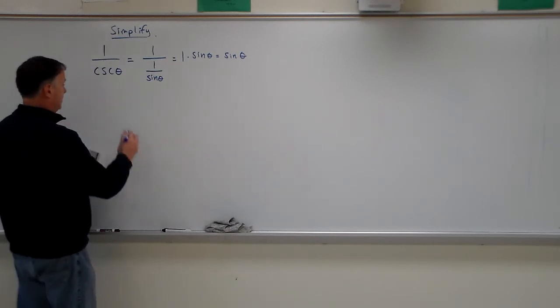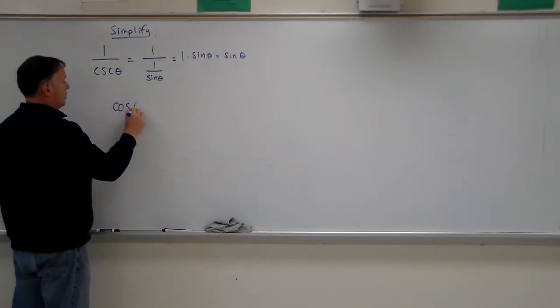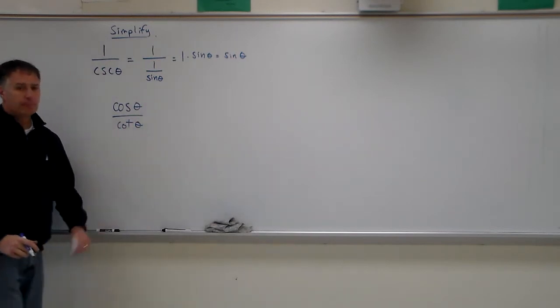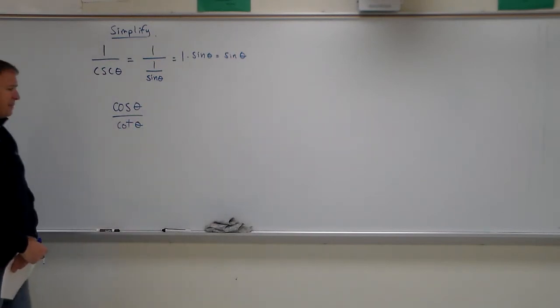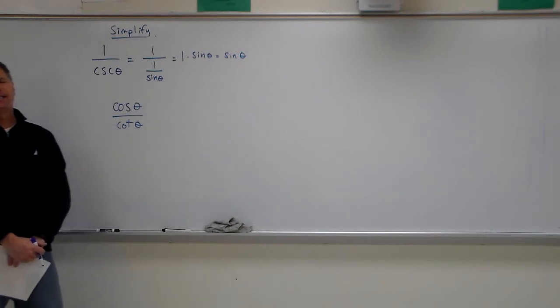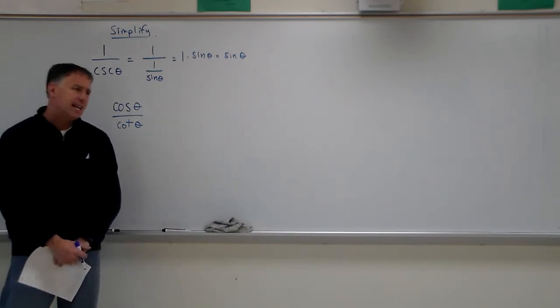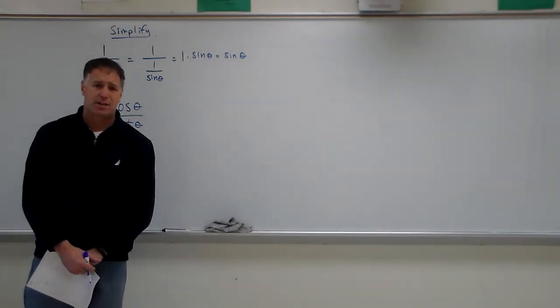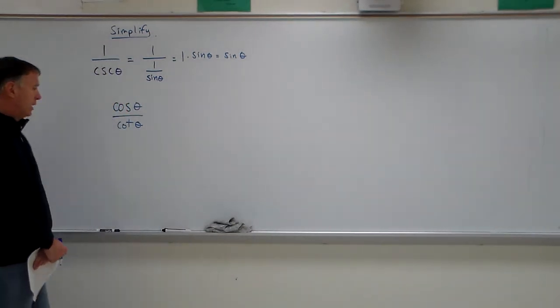Let's say I had this: cosine of theta over cotangent of theta. Well, anytime they give you the tangent, cotangent, secant, or cosecant, I like to write those in terms of sines and cosines. That's one way that I look at these.